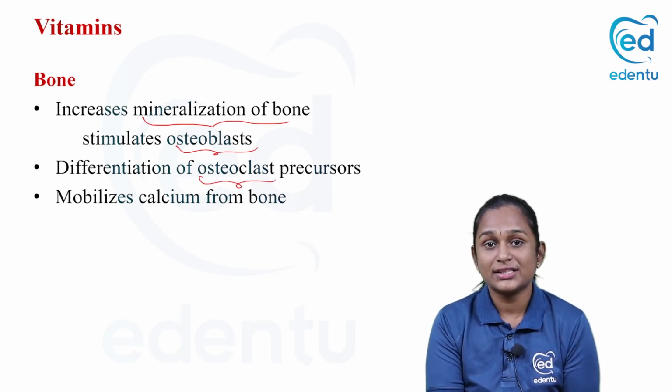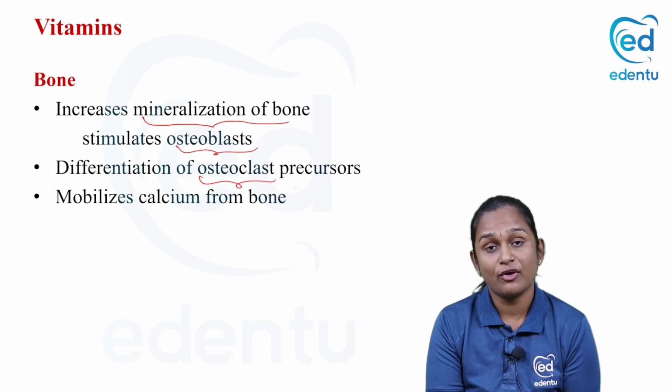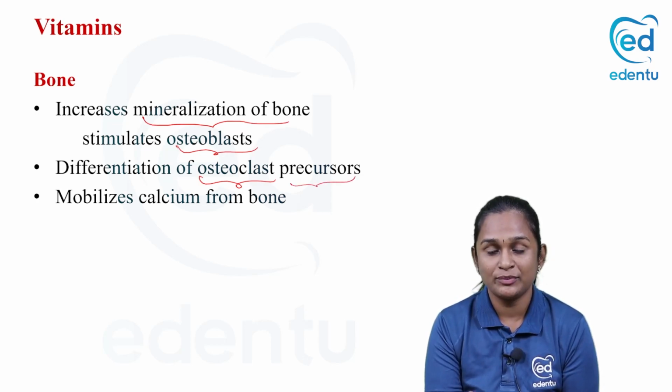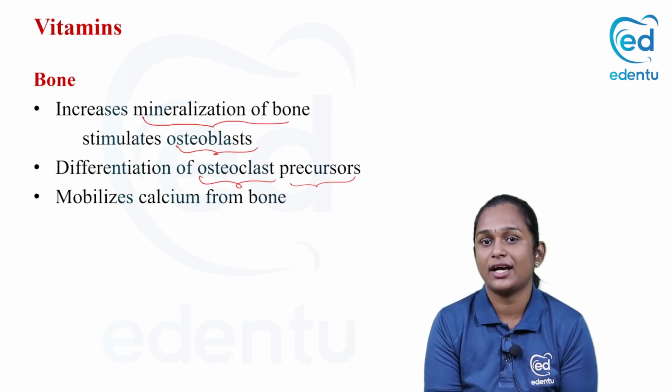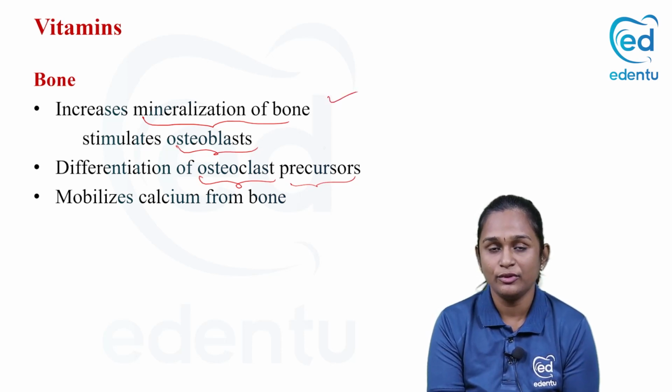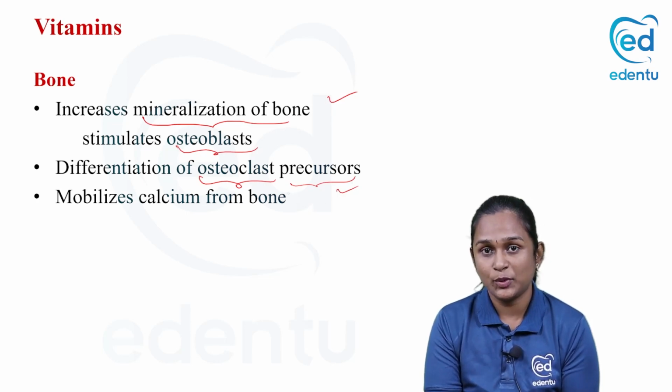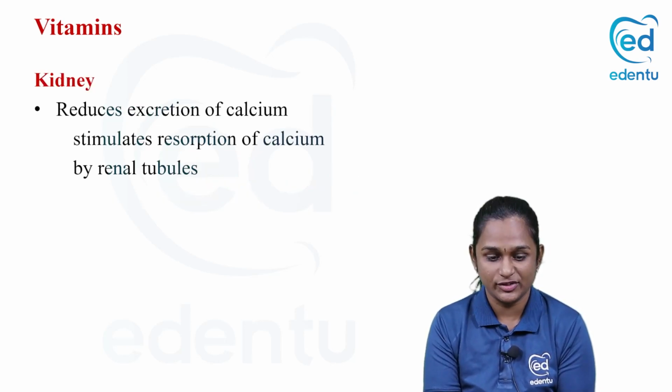It also helps in the differentiation of osteoclast precursors, because whenever there is a low level of calcium, it helps in mobilizing calcium from the bone, thereby maintaining the blood calcium level. So it has two roles: it helps in mineralization of the bone, and it mobilizes calcium from the bone whenever it is required.